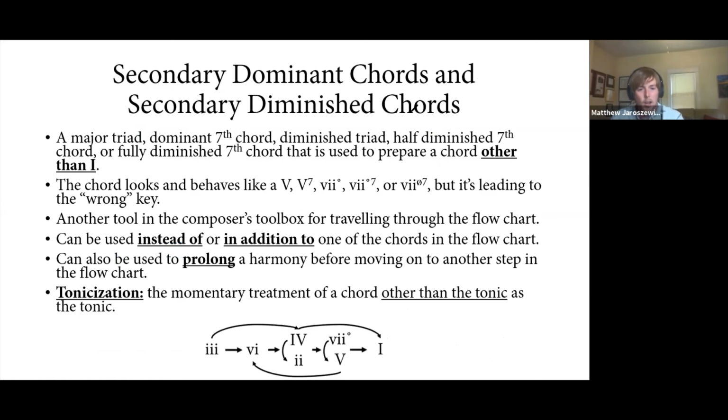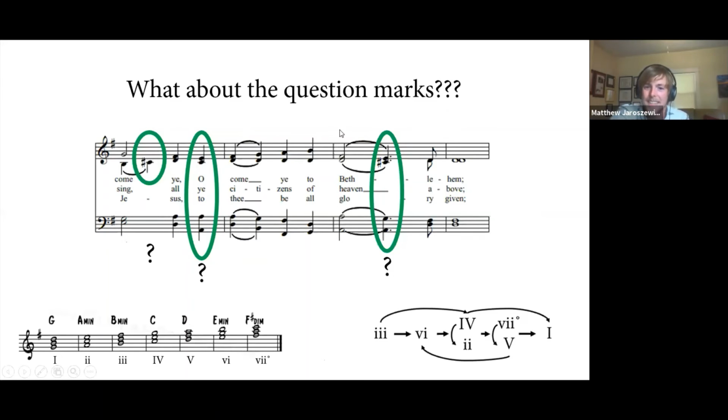So it can also be used to prolong a harmony before moving on to another step in the flow chart. That is what happens in the second to last bar here. We're in the key of G major. This is a 5 chord.